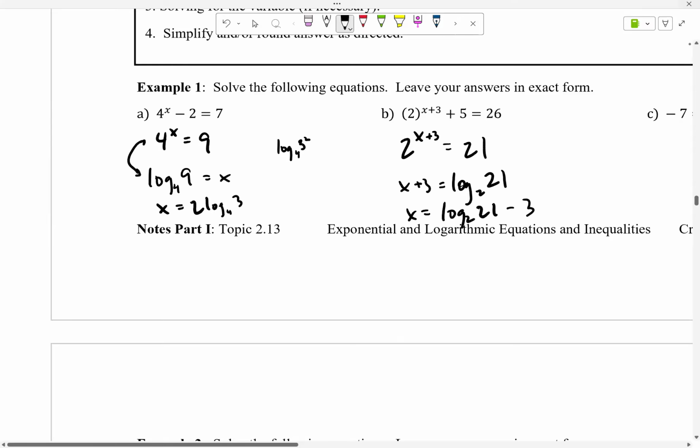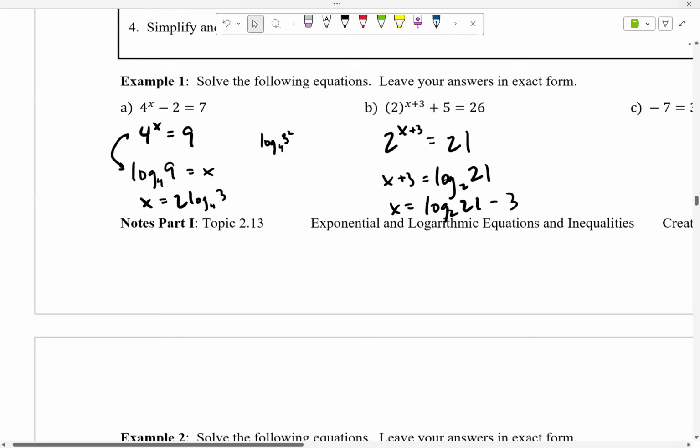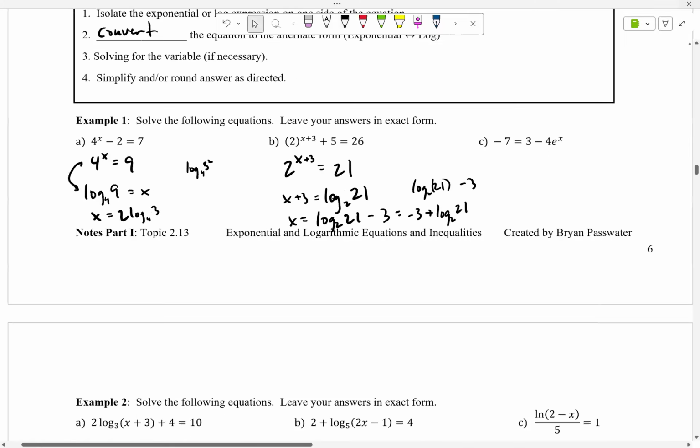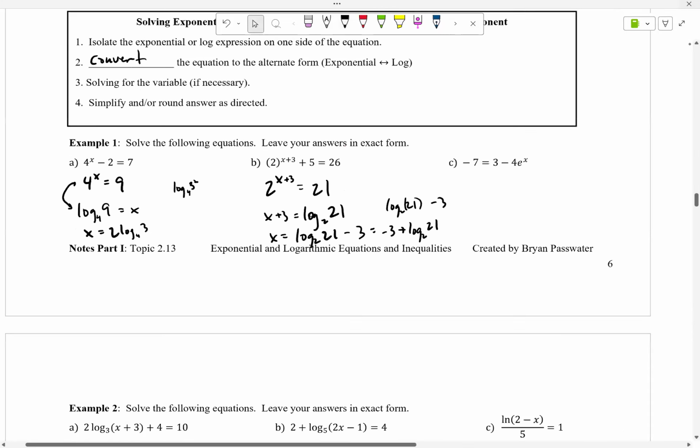I'd say it's clear, I'd say it's fine. For those of you who are uncomfortable with it, maybe you want to rewrite that as negative 3 plus 21. Or if you want to use parentheses just to make sure that no one messes with the 21, it's acceptable. It makes sense to put them there. It's up to you, really. Just don't make an 18 there.